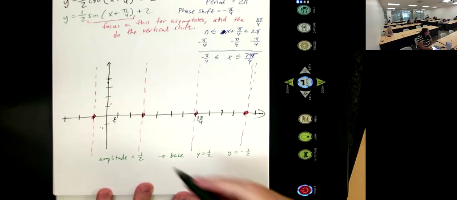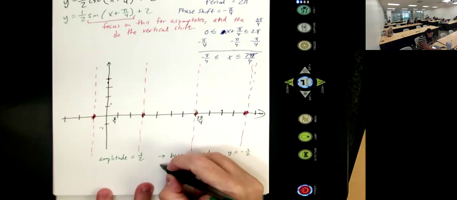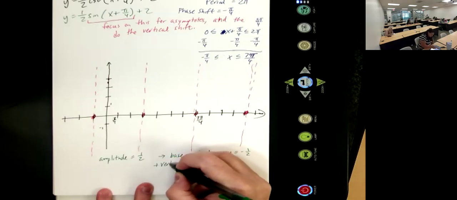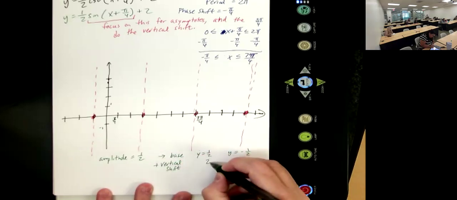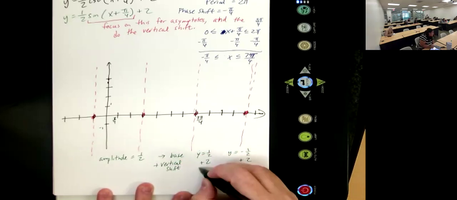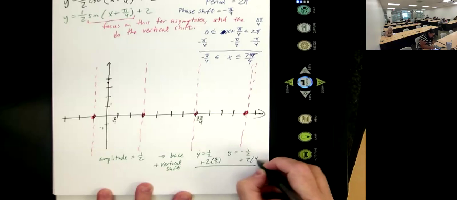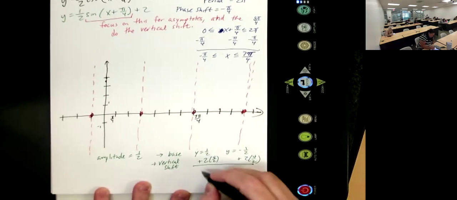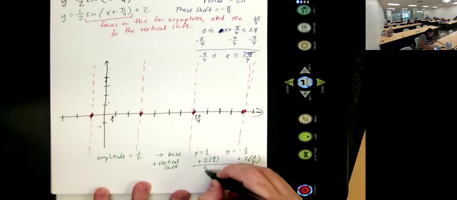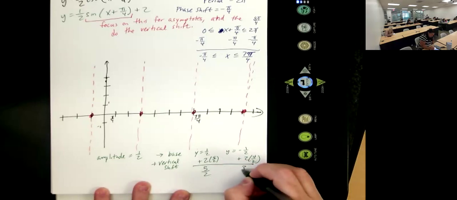And then I'm gonna add in my vertical shift of 2, or 4 over 2. If I add in 4 over 2, I'm looking at 5 halves and 3 halves.